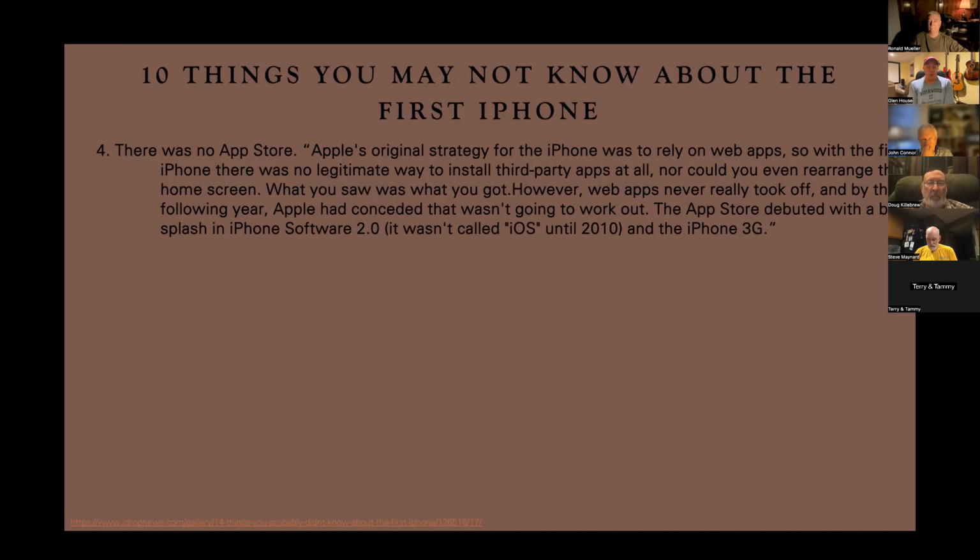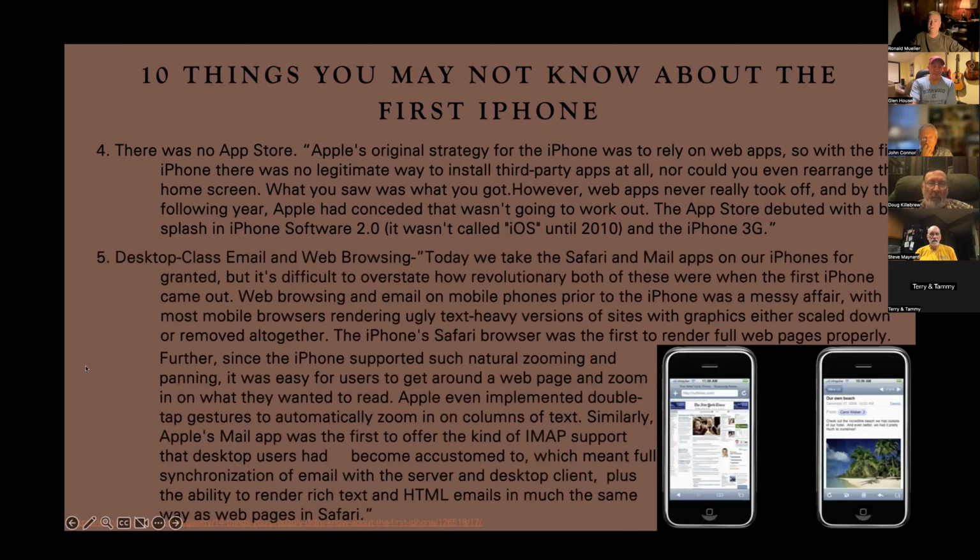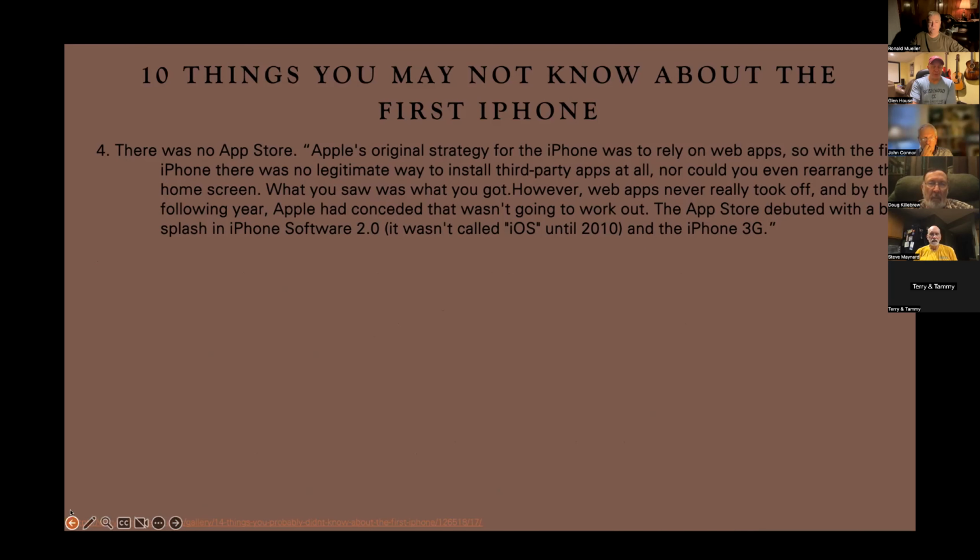And then with iPhone software 2.0, and it was not called iOS then, that didn't come around until 2010, we got the App Store. It also helped when we moved to 3G because data moved a little faster so you could download apps. And was the first phone an iPhone 4?